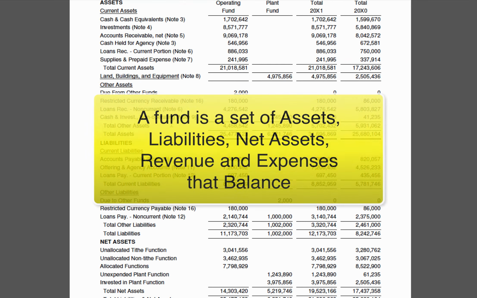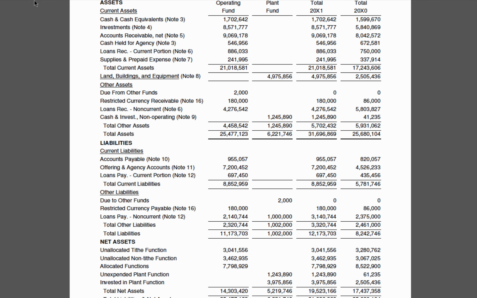So you can see here the operating fund balancing, okay, with its own assets, its own liabilities, its own net assets. It will have its own statement of changes in net assets, its own operating statement. So this is the operating fund, a self-balancing set of accounts, and this is the plant fund.